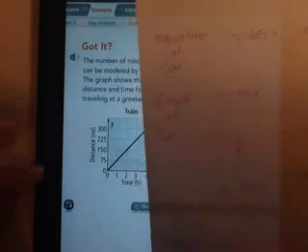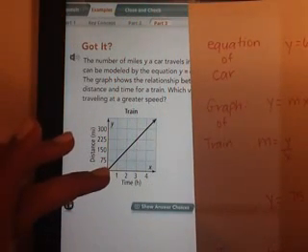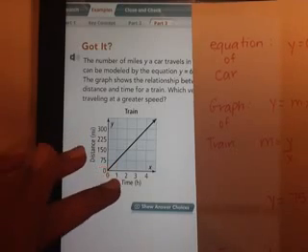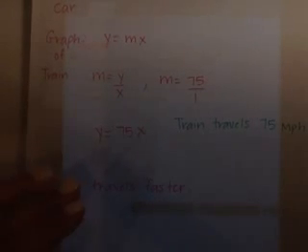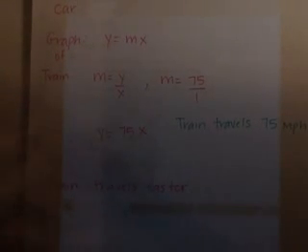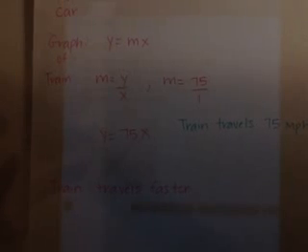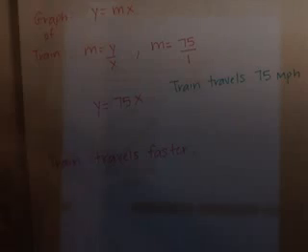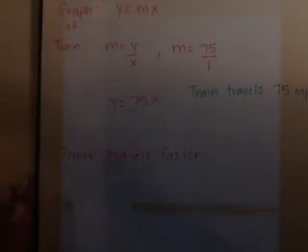I find 2 points where this line crosses directly through, and it crosses where y is 75 and x is 1. So I'll plug 75 in for y and 1 in for x, and that simplifies to just 75. I plug 75 into my m for unit rate. My equation is y equals 75x. So what this is stating is that the train travels 75 miles per hour, and our car is traveling 65 miles per hour. Therefore, the train travels faster.